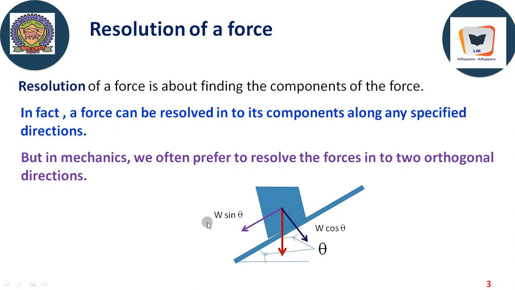If the effect of W sin theta exceeds the effect of this pressing force, then this block will show a tendency to slide down the incline. Therefore, it is the component along the incline which is the cause for bodies to move down the incline whenever they are placed on an inclined plane.